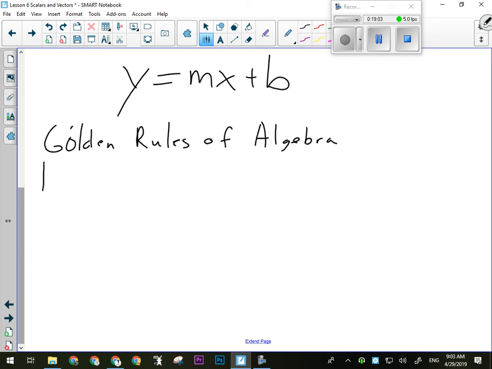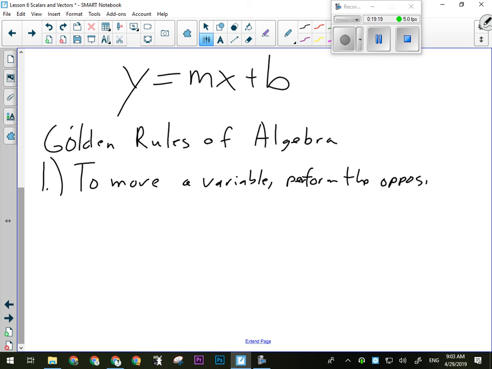All right, the golden rules of algebra. Rule number 1: to move a variable, perform the opposite operation.